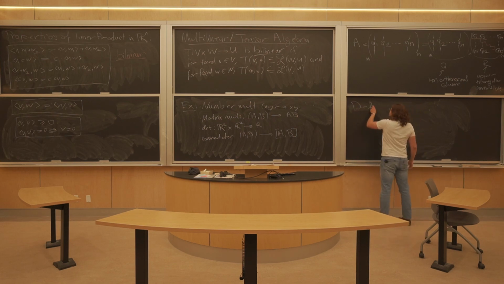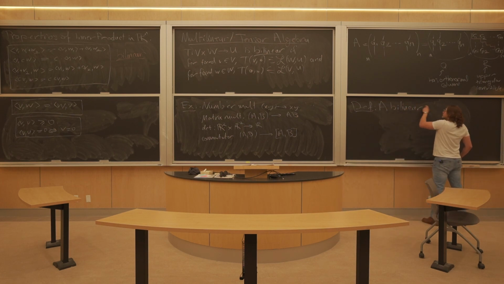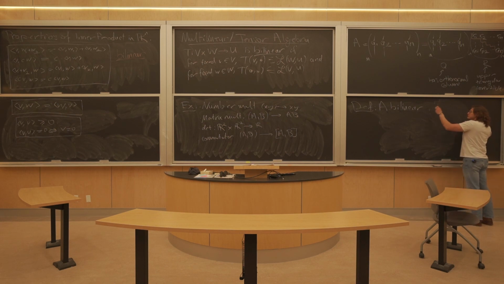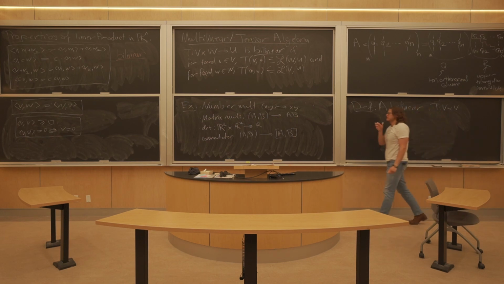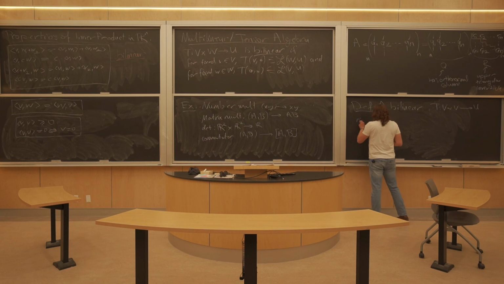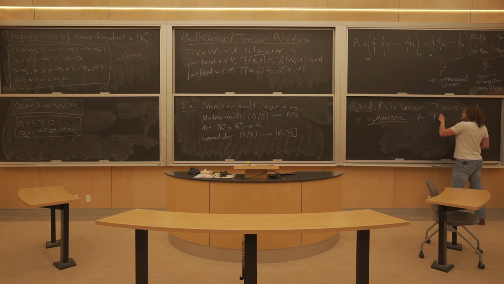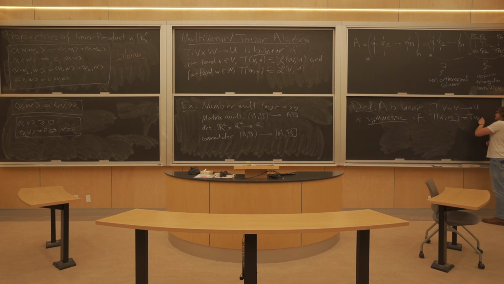Other definition, a bilinear transformation T, but this time I'm taking the input to be the same vector space instead of V and W, and I'm going into somewhere else, W, is symmetric if T of V1, V2 is the same thing as T of V2, V1.